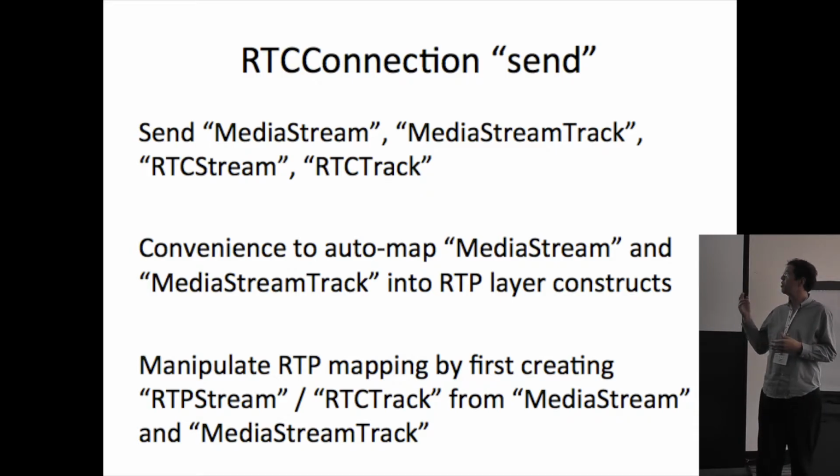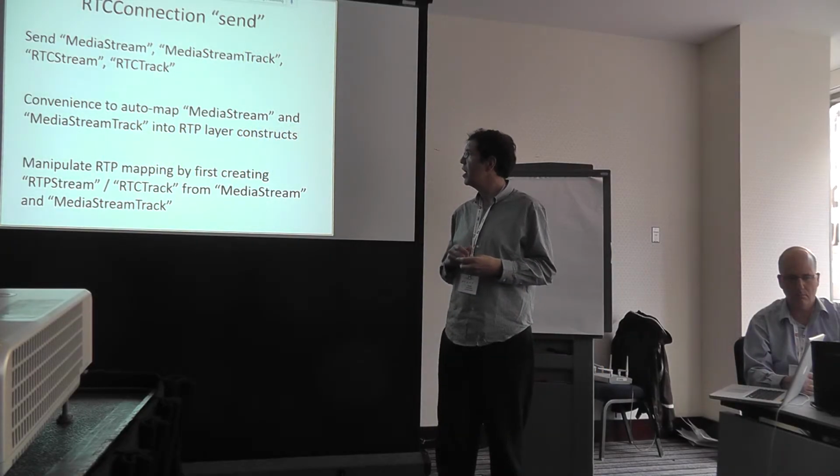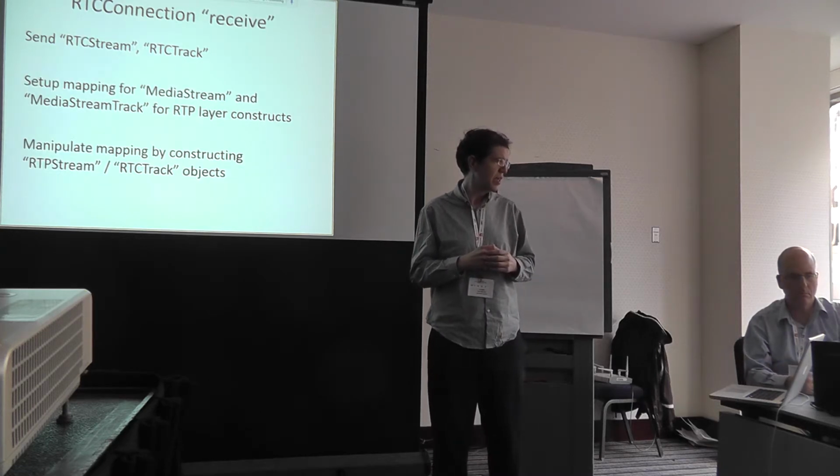Or you can construct, which I'll talk about a little later, RTC stream and RTC track based upon a media stream or a media stream track before you call the send method, and therefore get all the mapping information in advance. Basically, it's a convenience method if you just want to call it with the media stream and the media stream track. That's all I want to say on that.